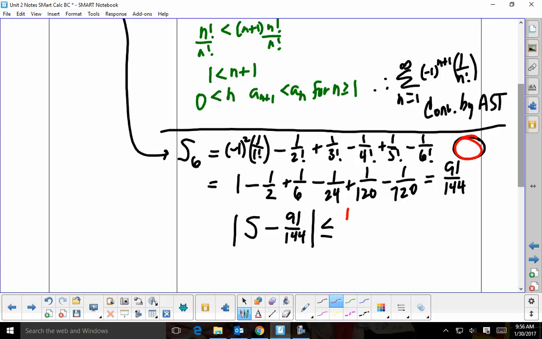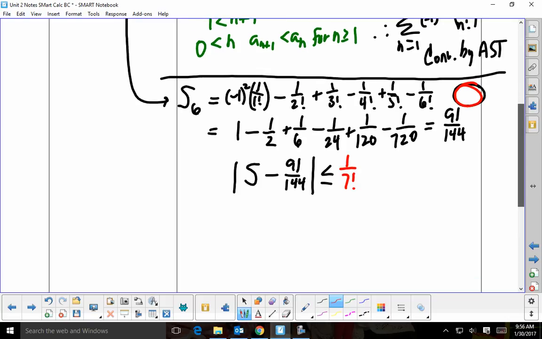Yeah, 1 over 7 factorial. And if that was negative, we're taking the absolute value, okay? Less than 1 over 540. So I know that S minus 91 over 144 is less than or equal to 1 over 540.